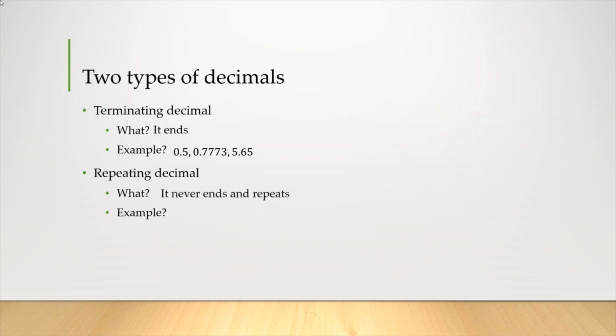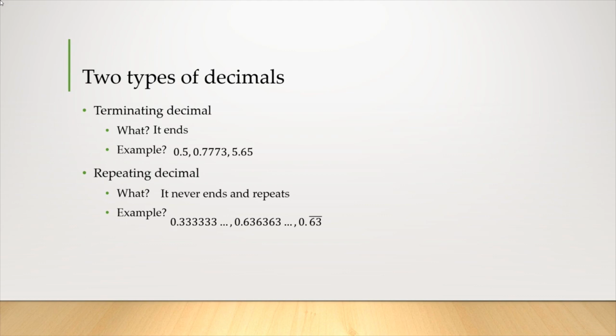So what would be a repeating decimal? Well, it's a decimal that never ends and it repeats. What are some examples? So 0.333333. So you have 0.636363 and it repeats. And then 0.63 with the line over it means it repeats whatever the line is over.